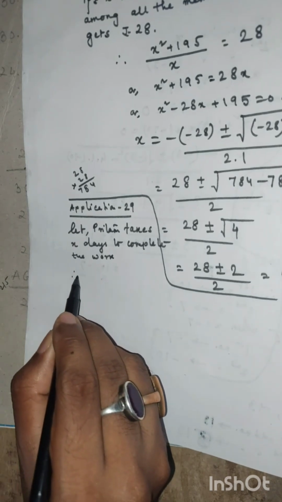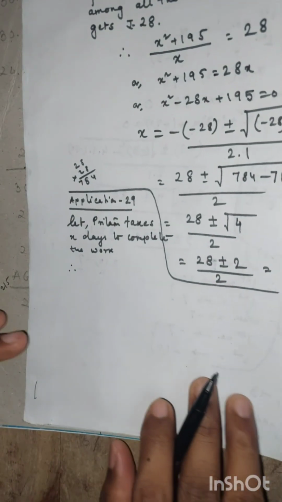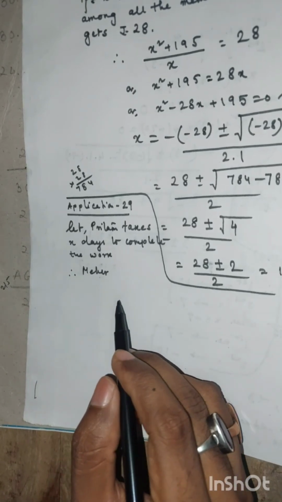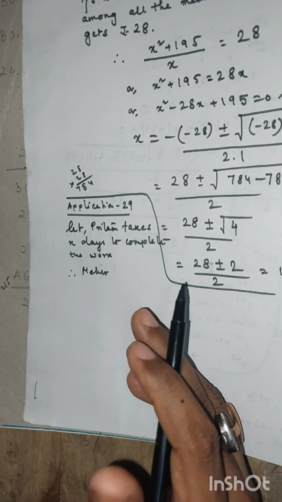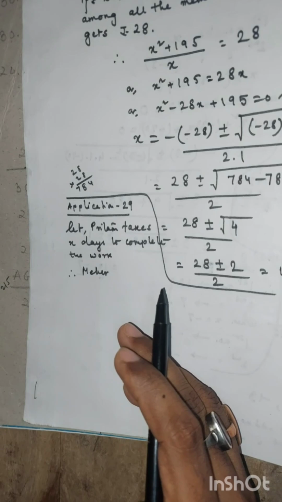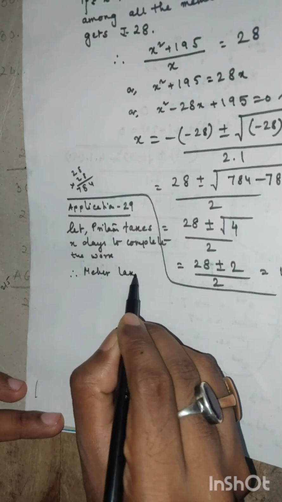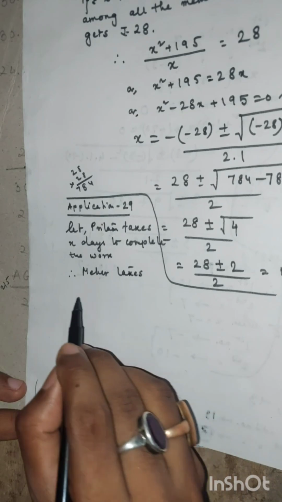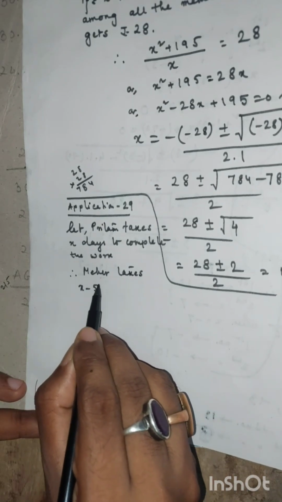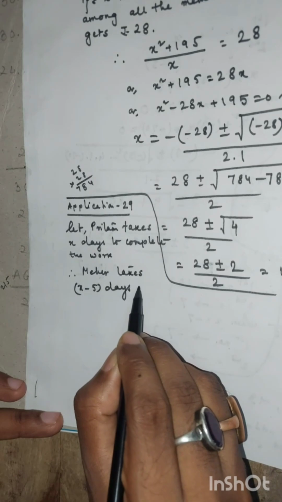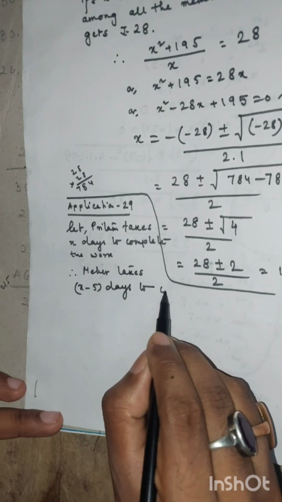Therefore, Meher takes 5 days less than Pritam. Therefore Meher takes x minus 5 days to complete the work.